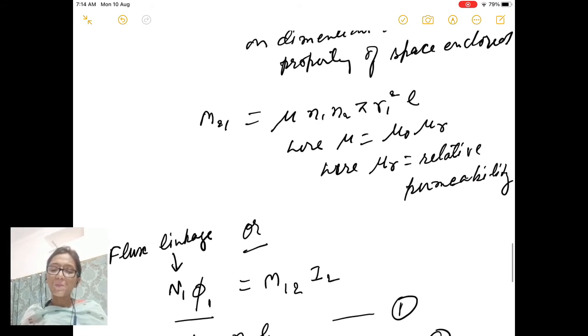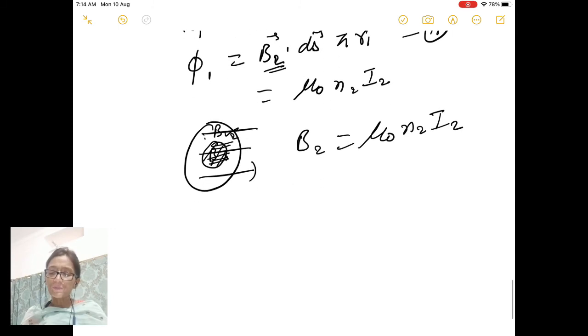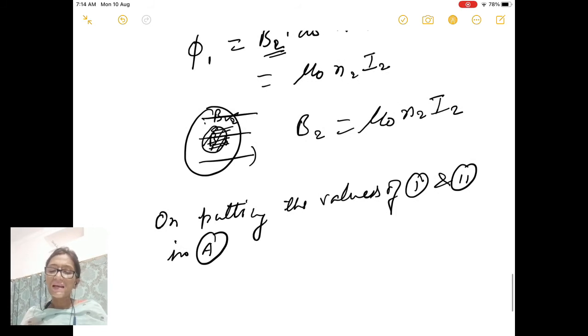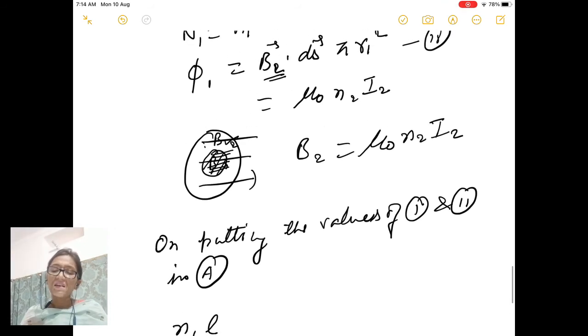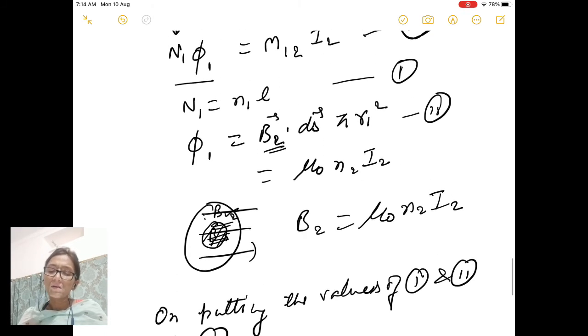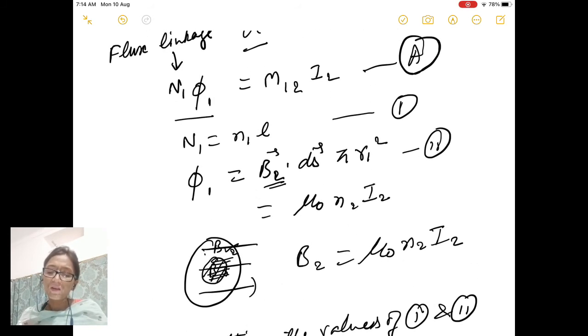and when you combine and put these values of 1 and 2 in A, we get N1 L into BDS.